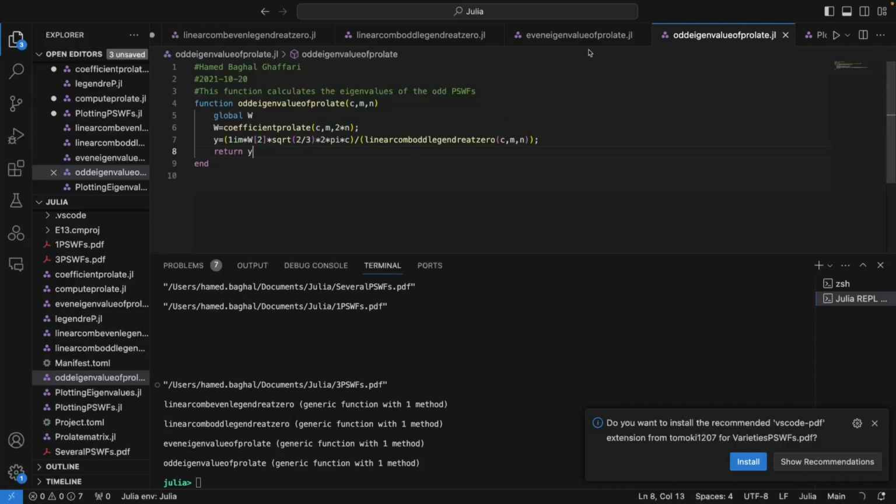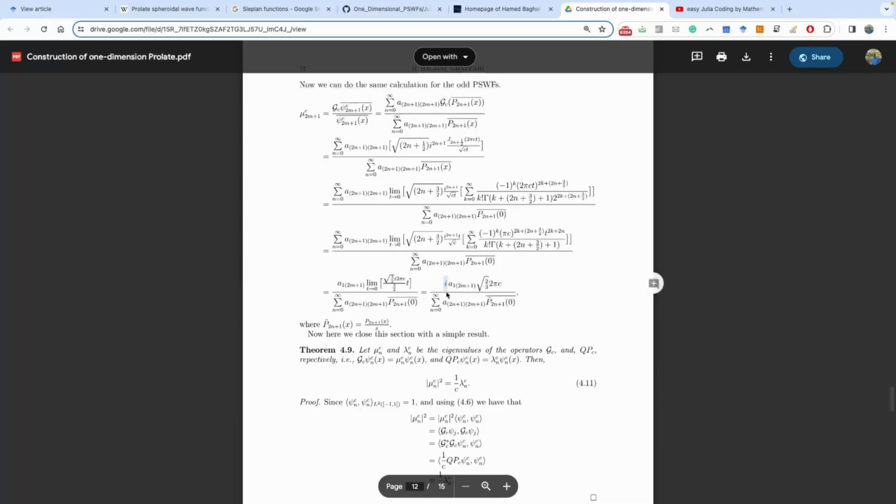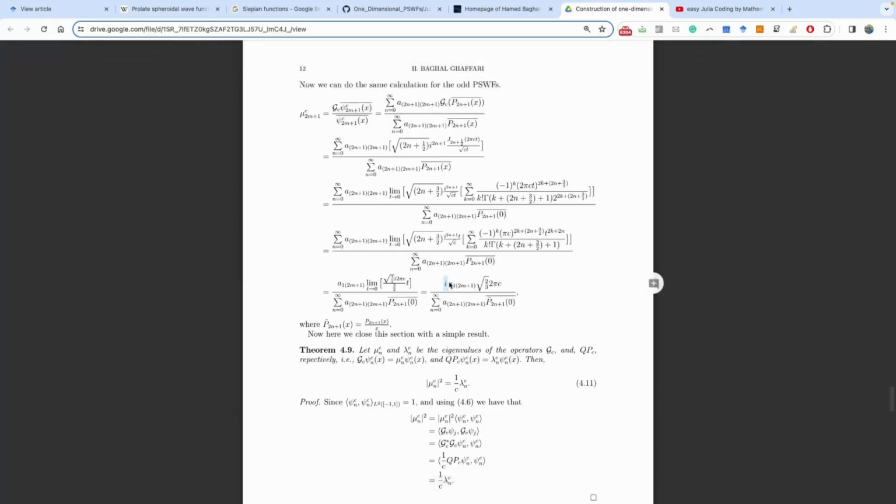Now the odd part has got one imaginary number i, so the odd eigenvalues in the prolate functions are in fact purely complex values, so we compute just their absolute value.